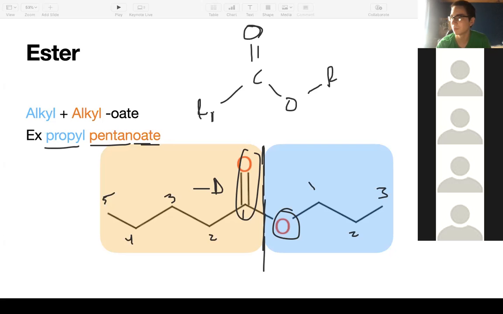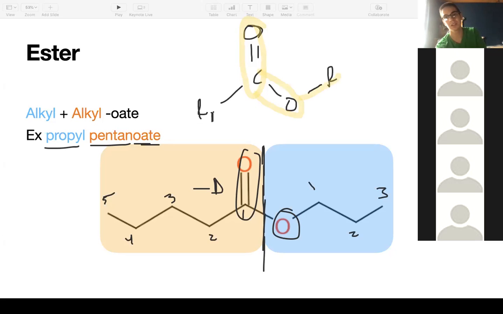Identifying an ester is the problem right now. So we know it's an ester because we're going to look for this carbonyl group. And a carbonyl group is just C attached to a double bonded O. So we have the carbonyl group, and also attached to the carbonyl group is this single bonded O. And that single bonded O is also connected to another carbon chain.